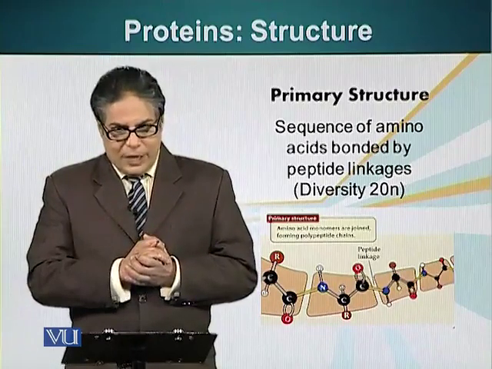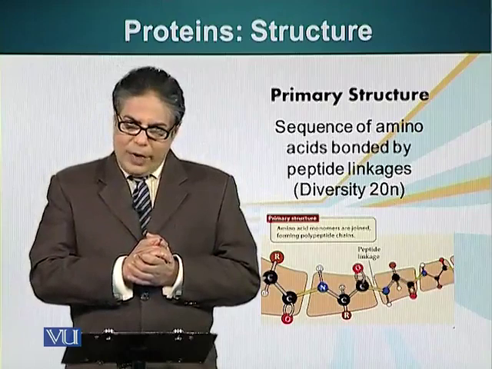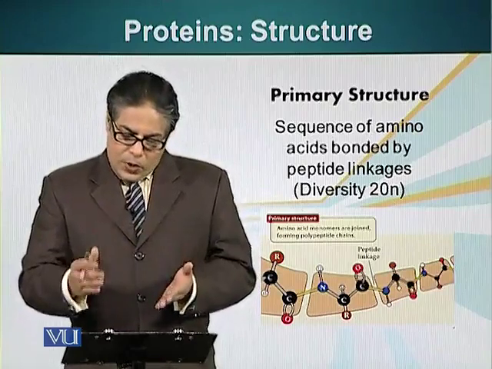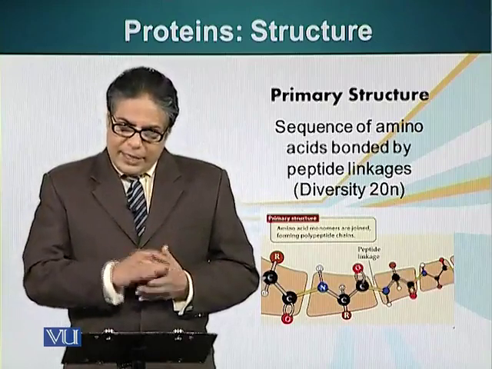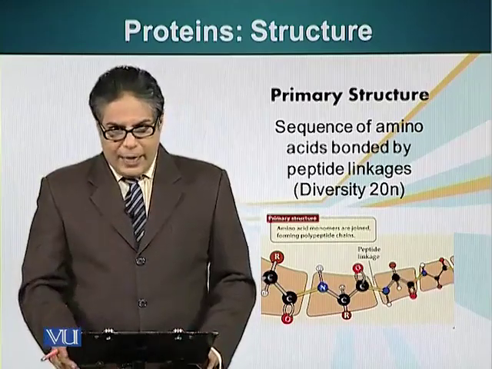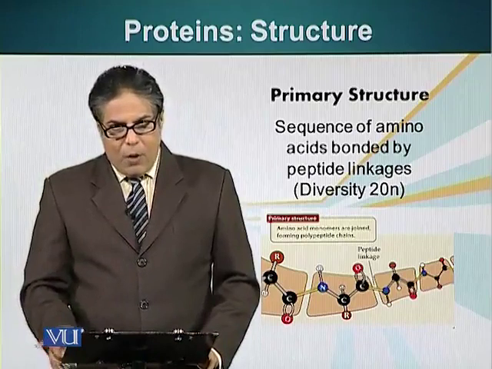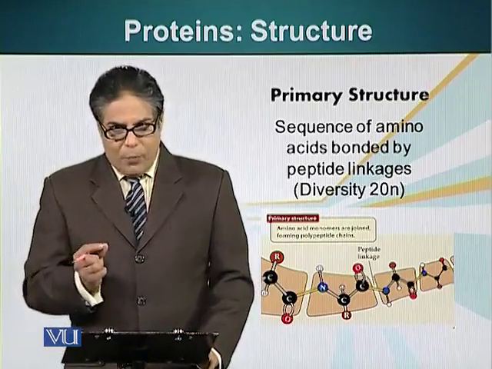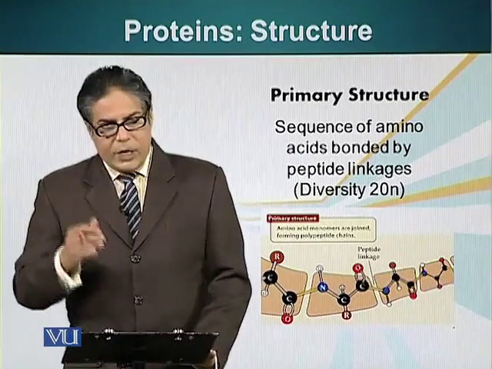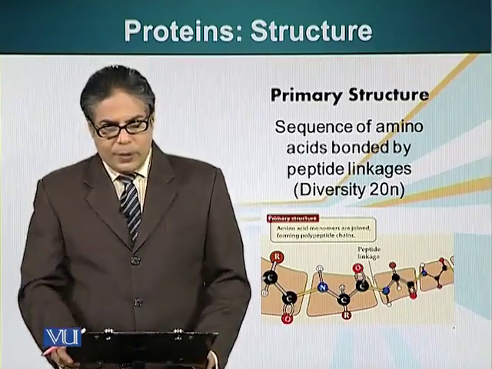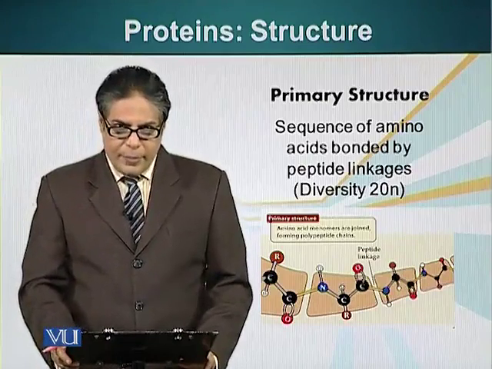As we have mentioned, there are 20 amino acids. So the formula for calculating diversity is 20 raised to the power n, where n is the number of amino acids present in a protein. If we are talking about just two amino acids, it will be 20 raised to the power 2, which is 400.